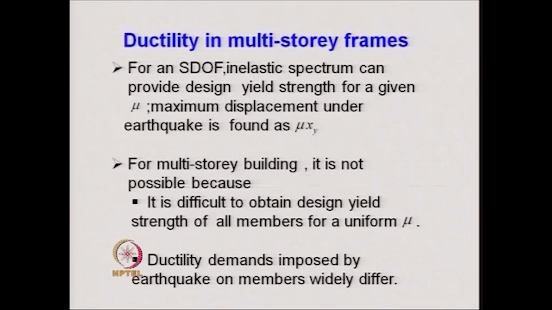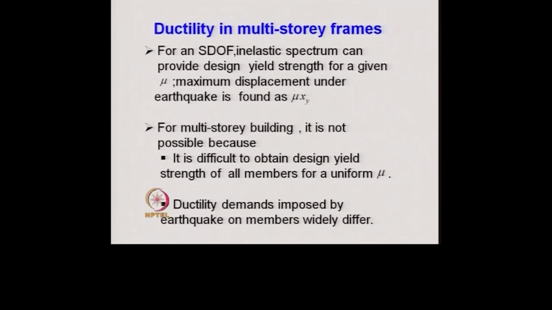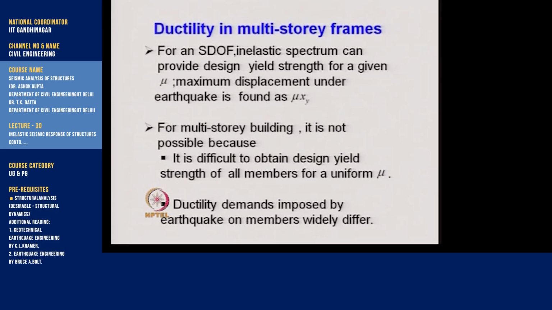Next, the question comes that for the single degree of freedom system, all these things are valid in the sense that if we obtain a value of the Fy or the inelastic acceleration, then one can find out the value of the corresponding yield base shear for a given value of mu.